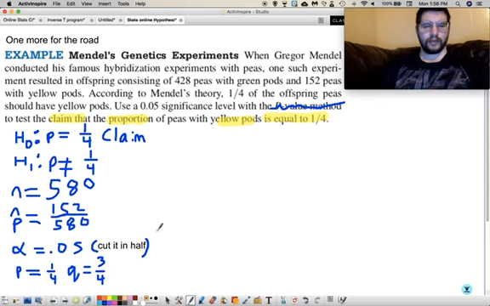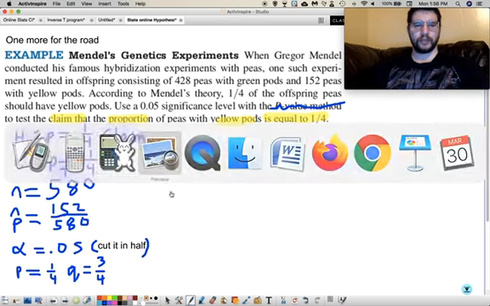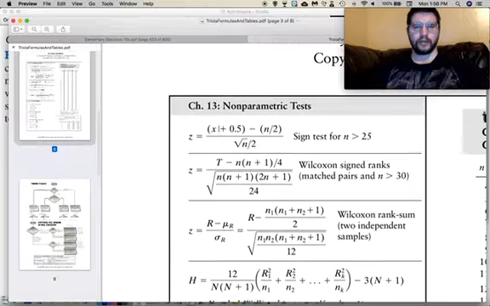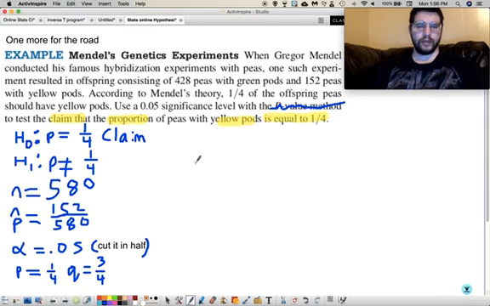Okay. The first thing I'm going to do is find my test statistic. If you don't remember the formula, you can look it up on your formula sheet on the second page right here. I guess I'll take a picture of it.